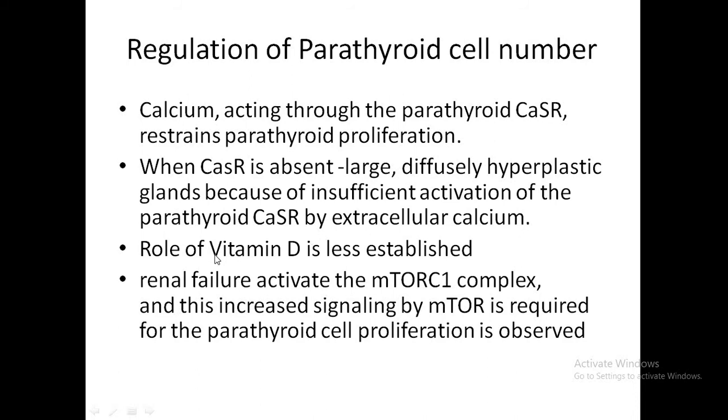The role of vitamin D in the regulation of cell number is less established. Renal failure can activate the mTORC1 complex, and this increased signaling by mTORC1 is required for parathyroid cell proliferation. So in renal failure, due to mTORC1, you can see that a large number of parathyroid cells are formed.